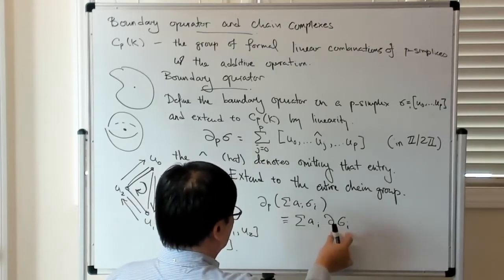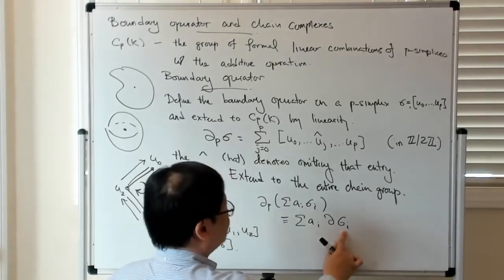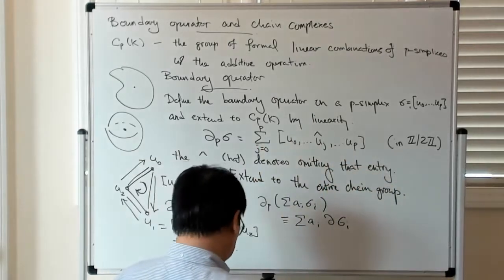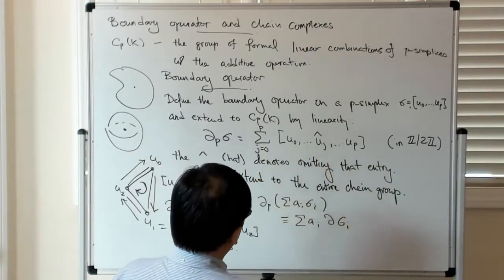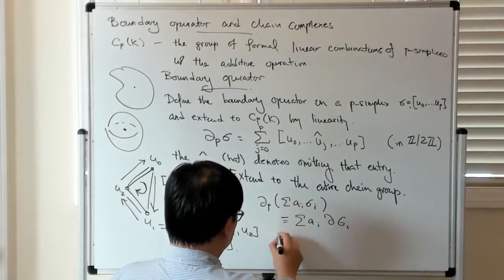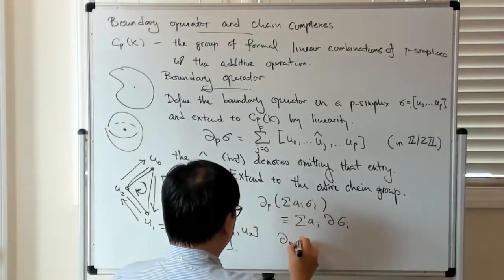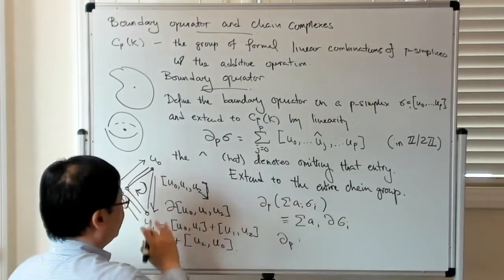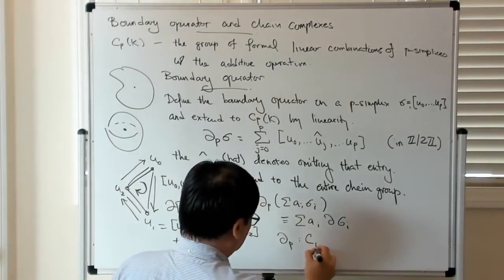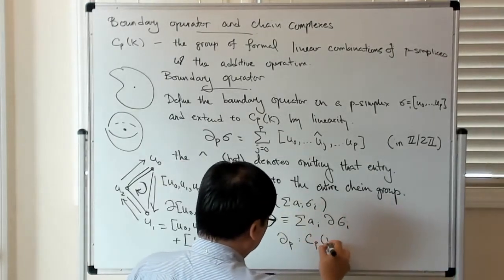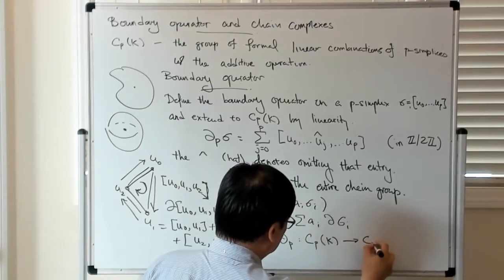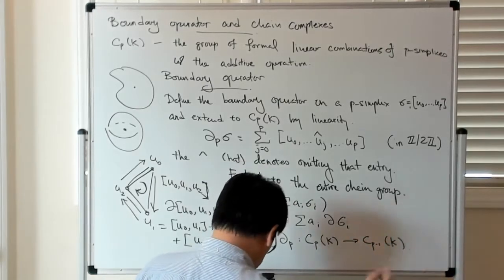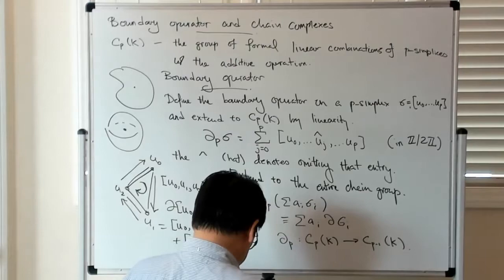Each of these is just the boundary of a simplex, and I know how to do that. This also has the property that the boundary operator maps a p-chain to a (p-1)-chain.